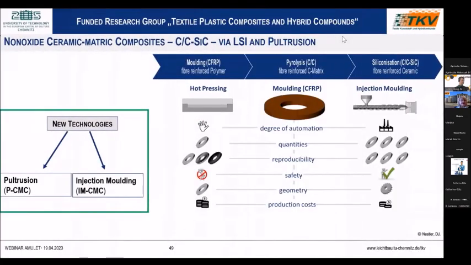For the non-oxide CMCs, we have also implemented the injection molding, which offers both higher reusability and a higher degree of safety due to the mass technology with a closed tooling. We use phenolic resin, and there it is better to use a closed tool. We were able to achieve progress in pultrusion, also of profiles.